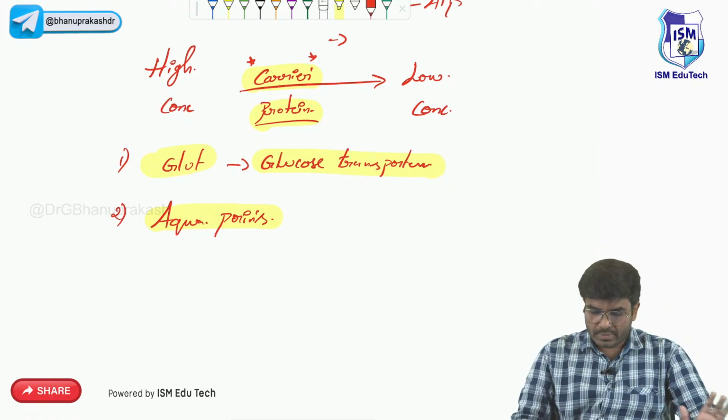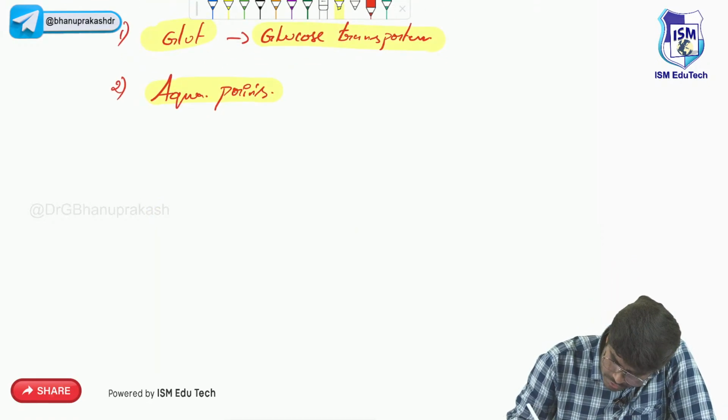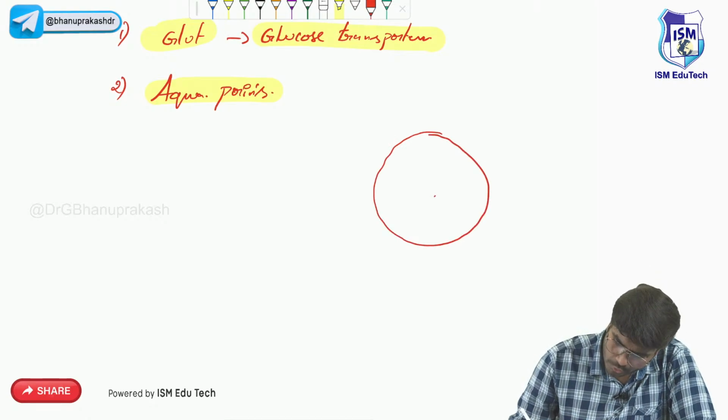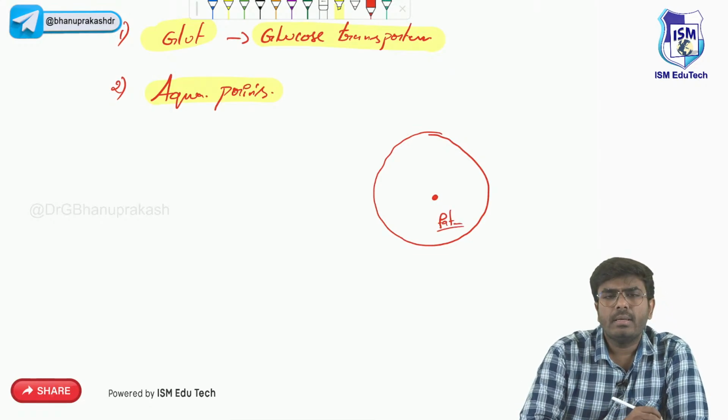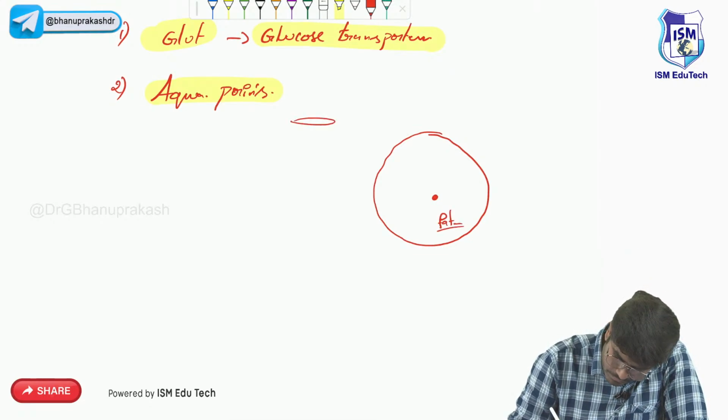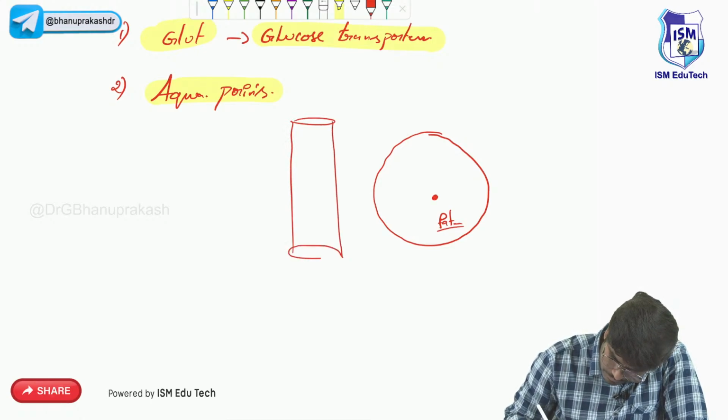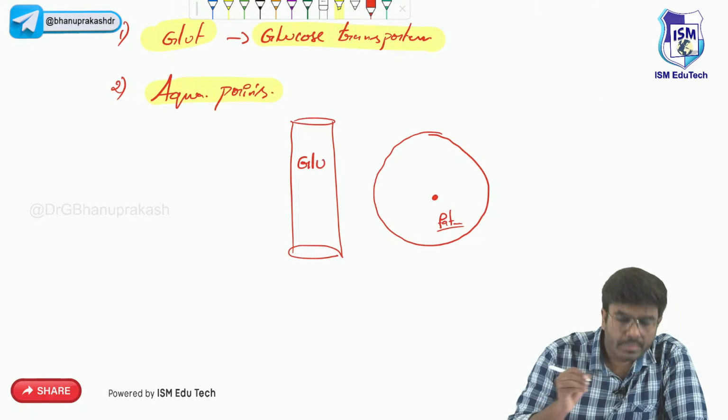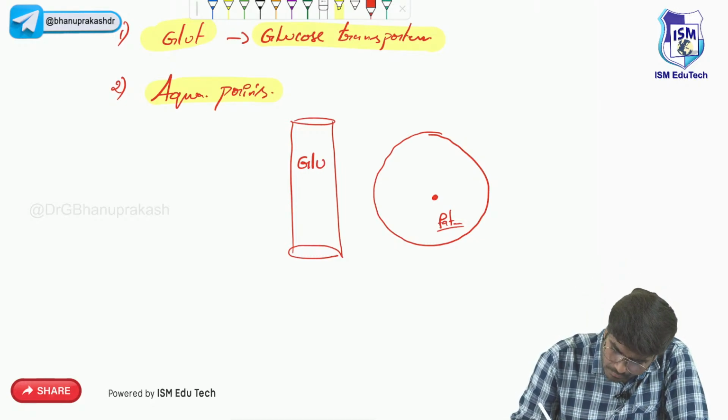See, normally, here let me show you adipose tissue. This is an adipocyte. We know all adipocytes are the stores for fats. Now, here is a blood vessel. In the blood vessel, what do you have? The glucose is there. Now, this adipocyte has to take the glucose.